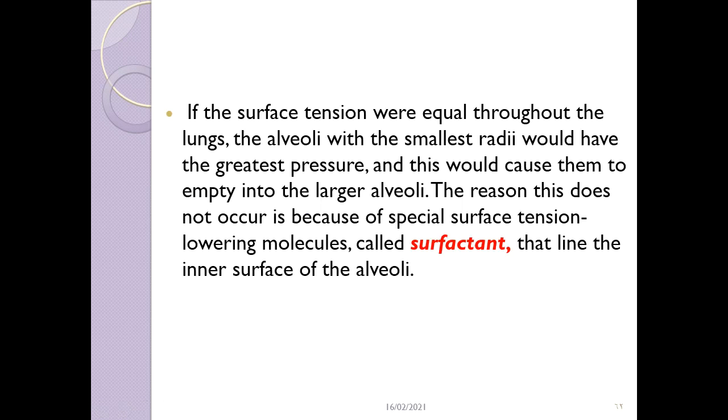If the surface tension were equal throughout the lungs, the alveoli with the smallest radii would have the greatest pressure, and this would cause them to empty into the larger alveoli. The reason this does not occur is because a special surface tension lowering molecule called surfactant lines the inner surface of the alveoli.